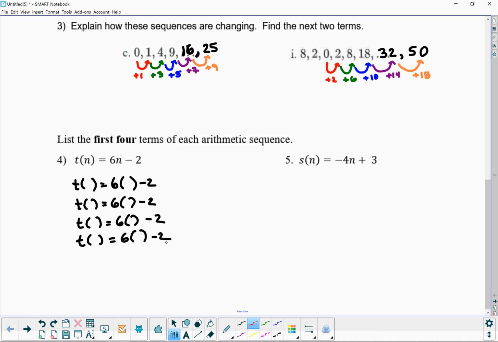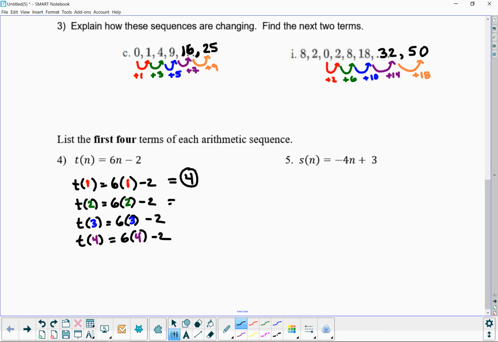If I put in 1, my first term, that means 6 times 1 minus 2. If I put in 2, that means my second term, 6 times 2 minus 2. My third term, 6 times 3 minus 2. And my fourth term, 6 times 4 minus 2. You can see this is quite a bit of work, which isn't too bad, but it's a little bit of work. Okay, so my first term is 6 times 1 is 6 minus 2 is 4.